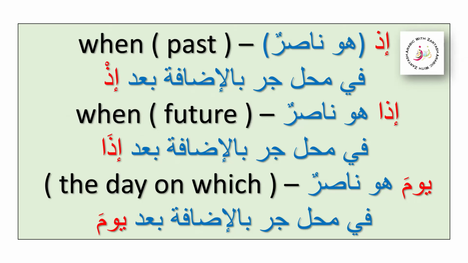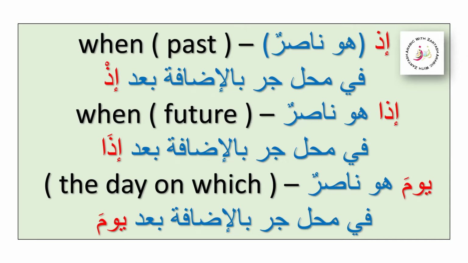If you say fi mahalli raf', that means something is in the place of marfu', but it is not showing the i'rab. Fi mahalli nasb means some sentence or whole phrase is in the place of mansub, but it is not showing the i'rab, or it is a complete sentence or a phrase.